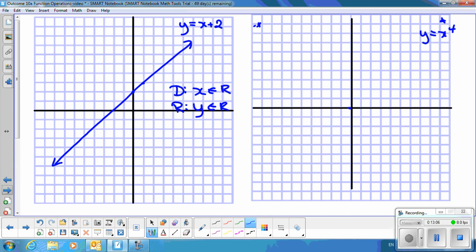The only x-intercept that it has is at 0. So it's going to come close, flatten out, and then continue up in that direction. The domain is all real numbers. The range is that y has to be greater than or equal to 0.